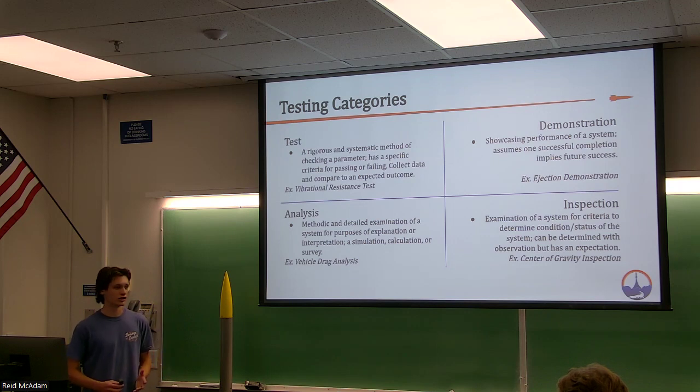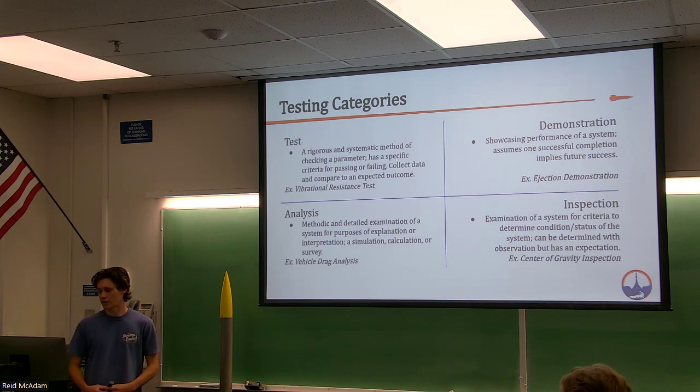A little bit before launch, anytime we launch a new vehicle or an updated vehicle, we will put in its ejection charges and we'll put in its parachutes and its shock cords, and we'll just test the ejection to make sure that the parachutes come all the way out, so that when it comes time for launch day, we know that our ejection charges are big enough or everything fits enough that the CO2 canisters can blast it out. So that when it is time for launch day, we know it's going to work.